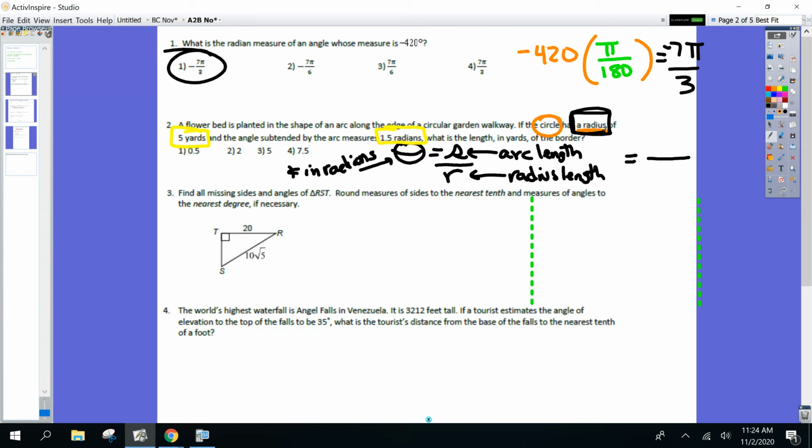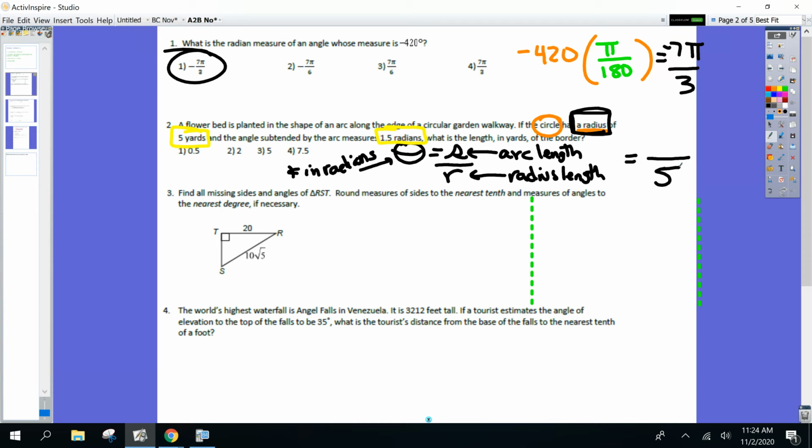The circle has the radius is 5 yards. What represents radius in my formula? What letter represents radius? The R. The R. So where I see R is 5. The radius is 5 yards. Everyone good?